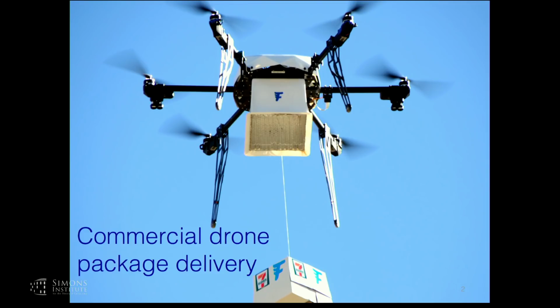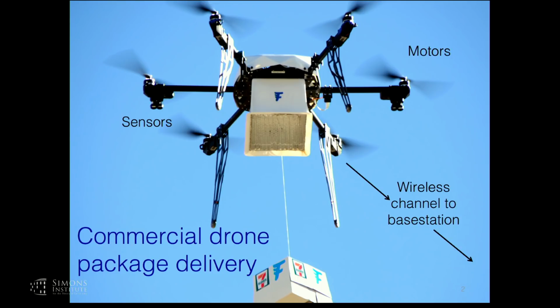One example of such a system is an autonomous drone, which is similar to the example that Victoria brought up. And in this particular case, this drone, for example, will depend heavily on a set of motors as well as sensors, maybe a wireless channel to communicate with some kind of base station, to be able to achieve the task that it is trying to complete.